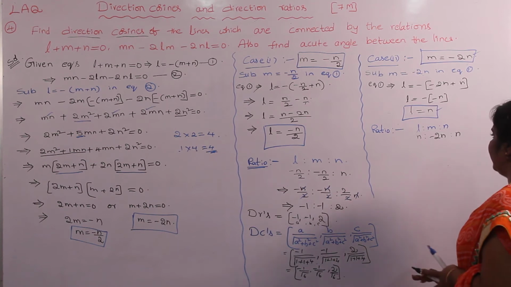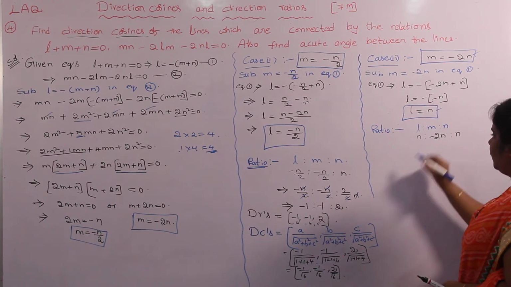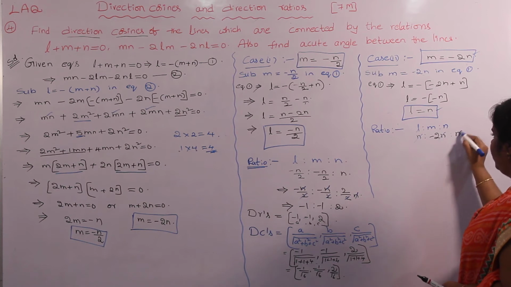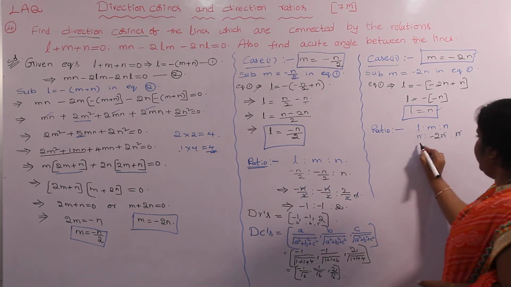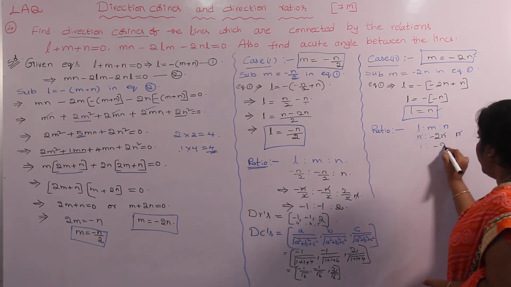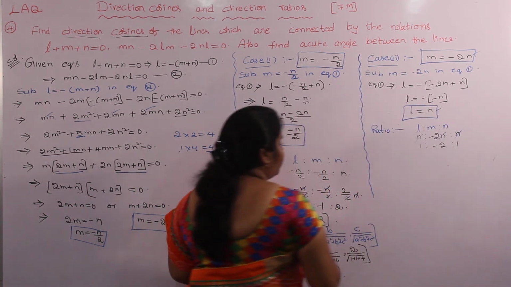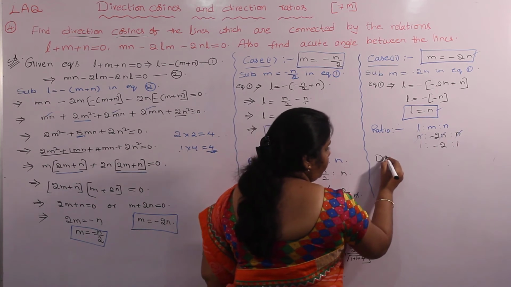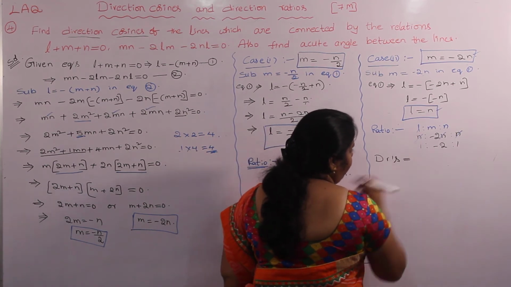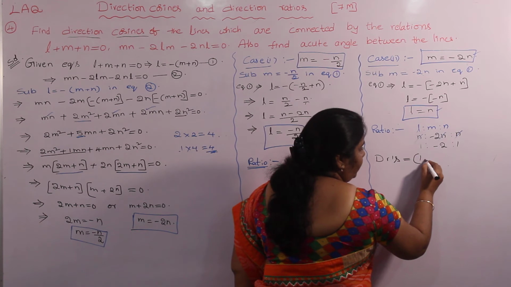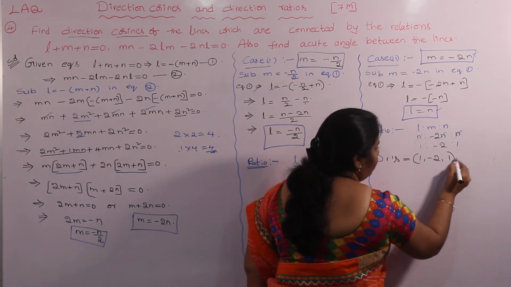So n is cancelled. Remaining is 1 is to minus 2 is to 1. Ratios means direction ratios. That is DR is equal to 1 comma minus 2 comma 1.